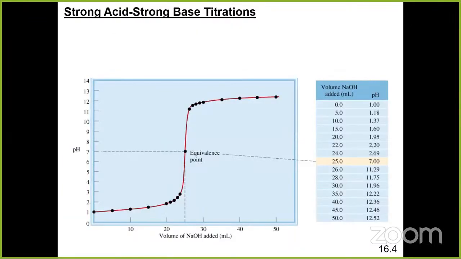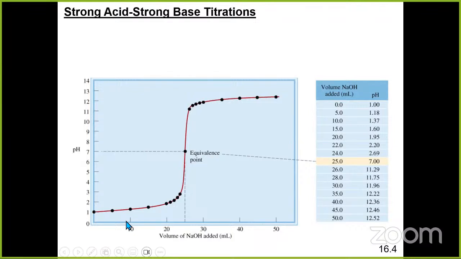Now, the reason why I'm going through all that is because we can plot what are known as pH titration curves, all right? And in this case, this is a plot of the pH on the y-axis versus the volume of sodium hydroxide being added, right?